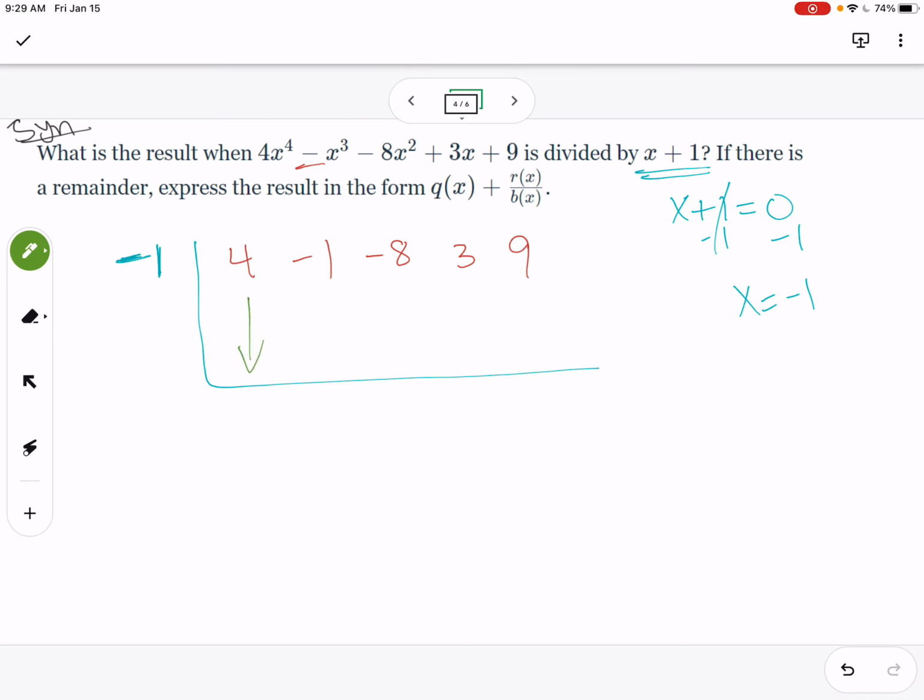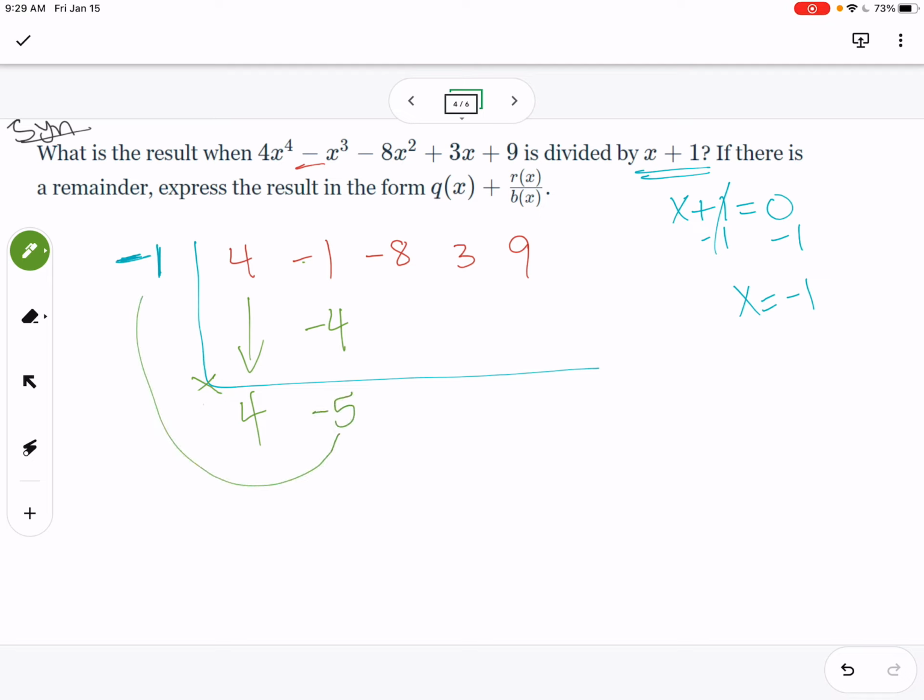Drop the 4 down. You're always multiplying with what's up here with what's down here. So I'm going to erase my ugly arrows I just drew and do that. What is -1 times 4? You're going to fill it in your missing spot here, and you add going down. So -1 and -4 is -5.